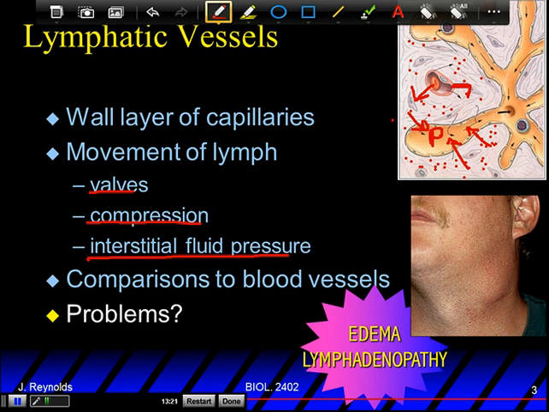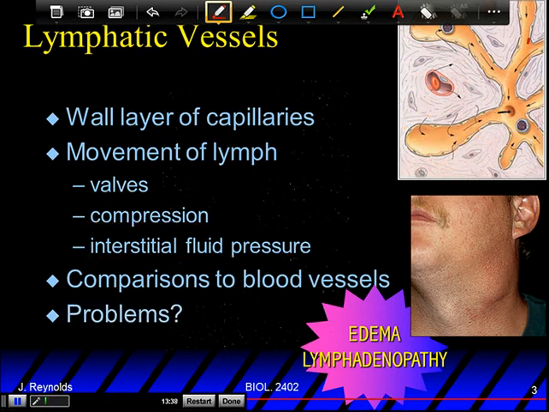So that's another thing that's moving the interstitial fluid into the lymphatic capillaries, and then along through the lymphatic capillaries. Once the fluid molecules get in here, then it has to move along through the capillaries to the next set, to the larger set, and again it's skeletal muscle activity moving around that does it.